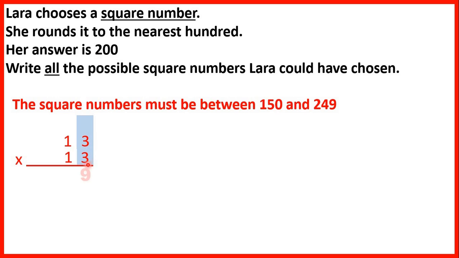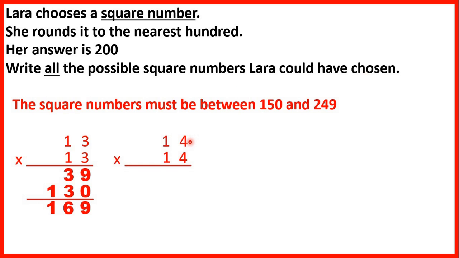So let's work out 13 times 13, because that will give us a square number as well. So that gives us 169. When you multiply 13 by itself, you get 169, and then that rounds to 200. So one possible number is 169, but we need to write all the possible square numbers Lara could have chosen.